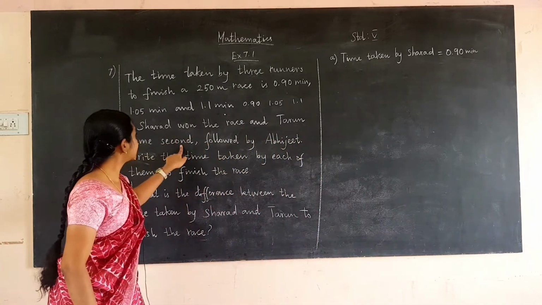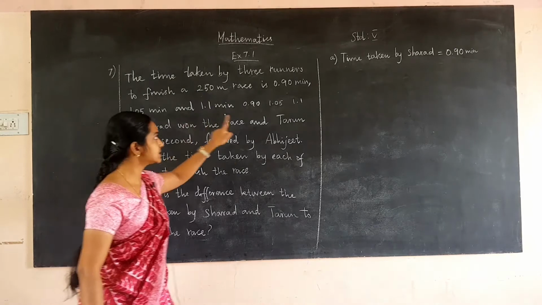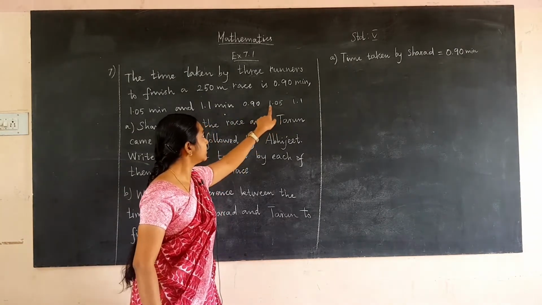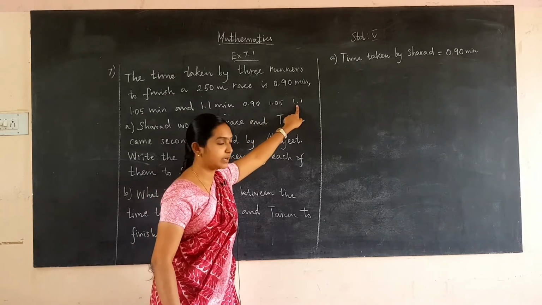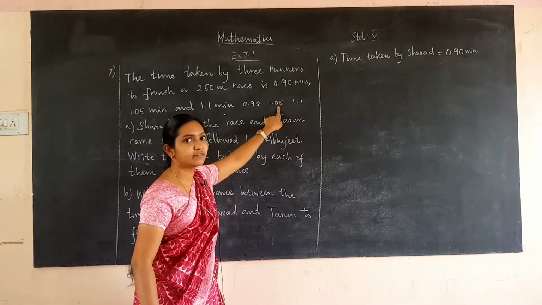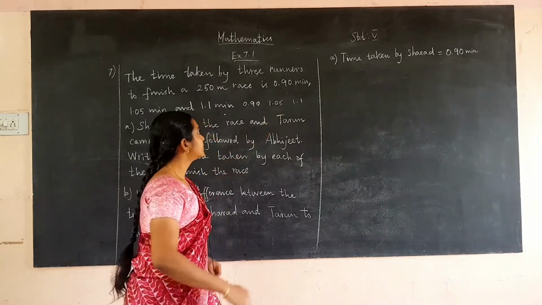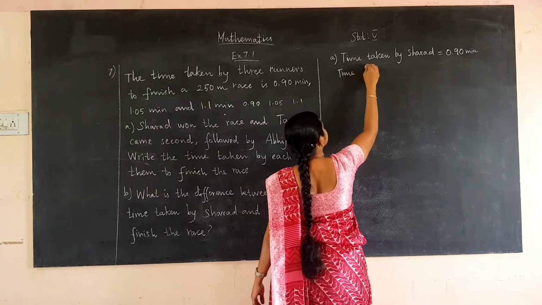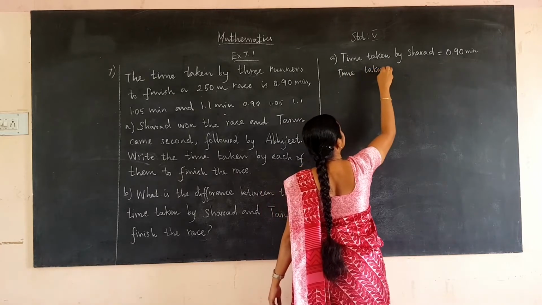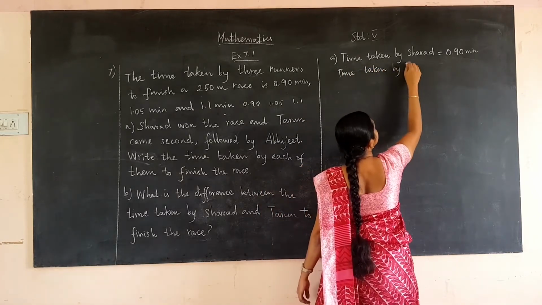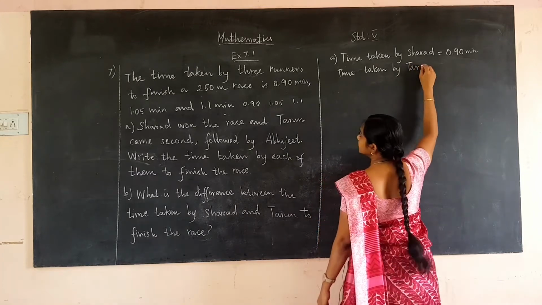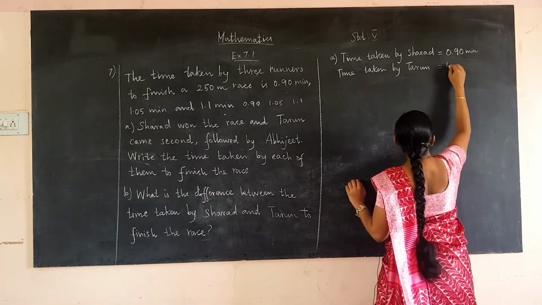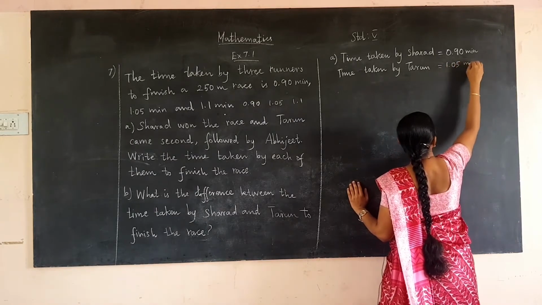Next, Tarun came second. So, the next shortest timing will be Tarun's timing. While comparing 1.05 and 1.1, 1.05 is less. So, Tarun's timing. Time taken by Tarun is equal to 1.05 minutes.